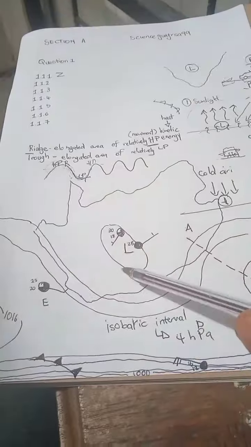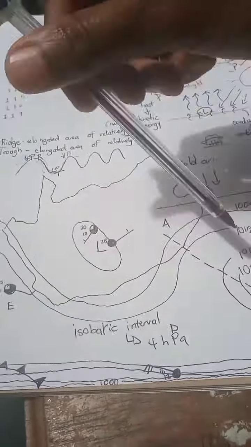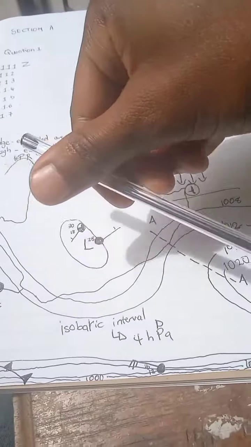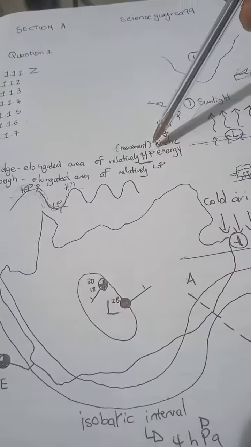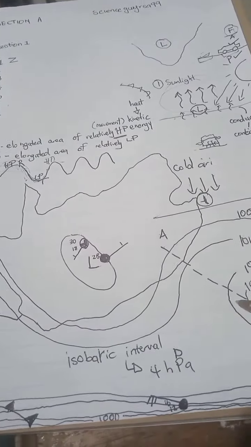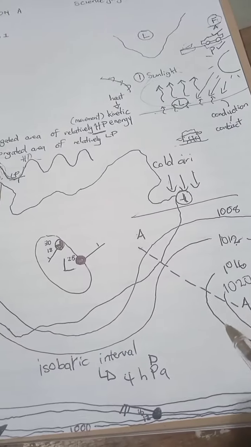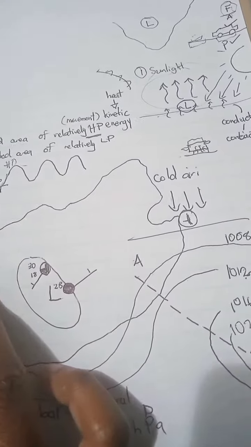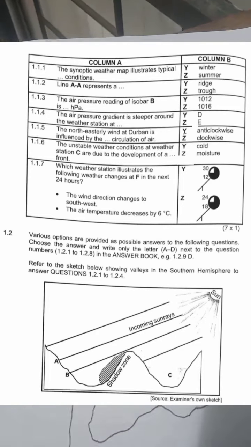So what is this region then? What is this area? Because you are increasing in pressure, and these are relatively higher pressures, this would have to be a ridge. This has to be a ridge, guys. So that is how you look at these two concepts.